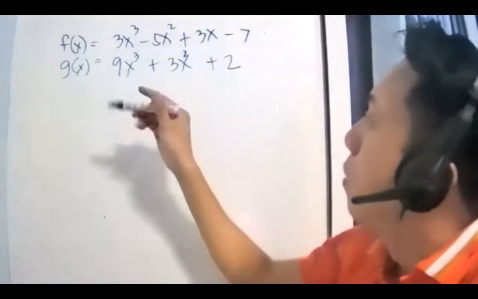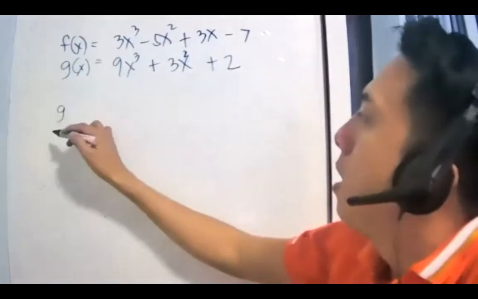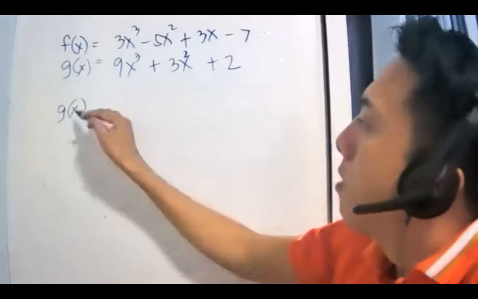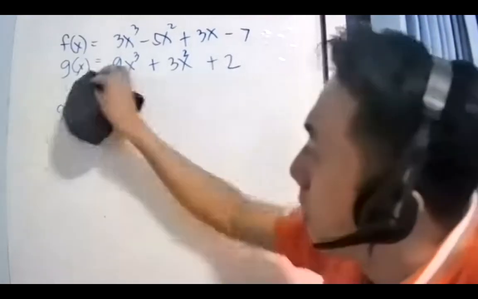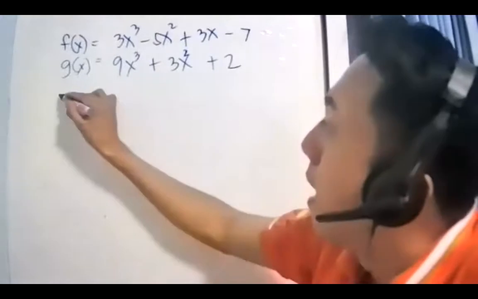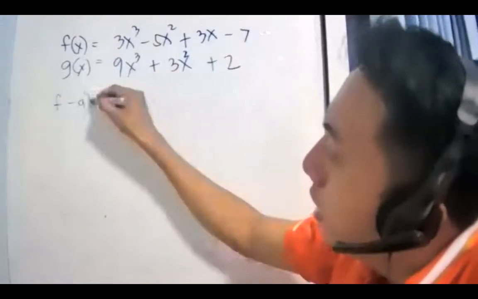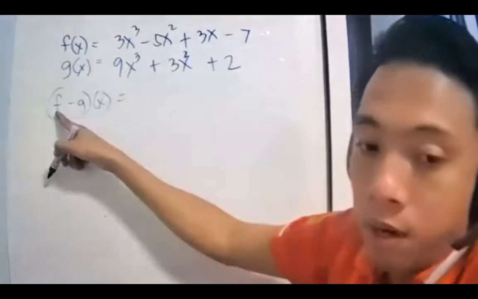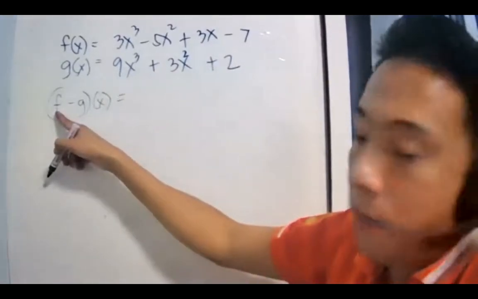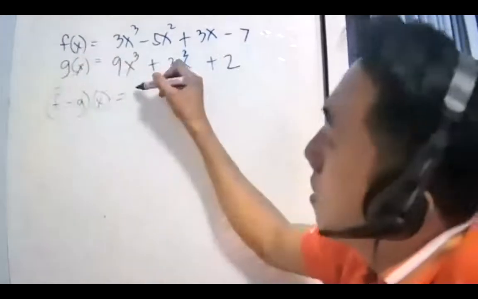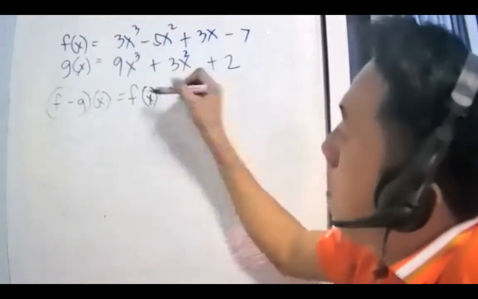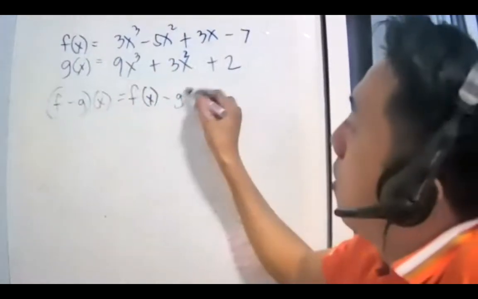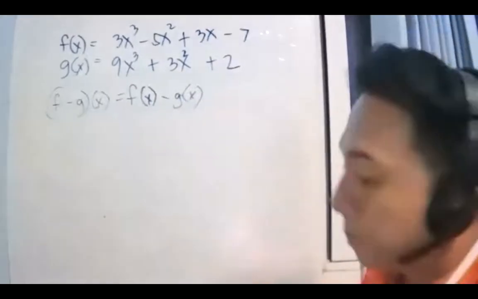And then we will solve f minus g of x. Okay, first letter first, f. So we will copy first the f of x minus g of x.